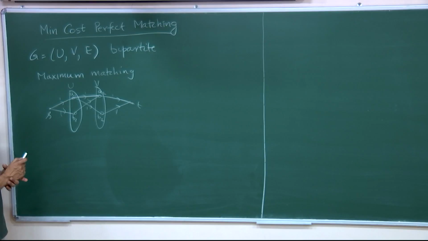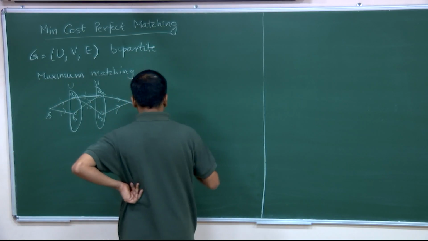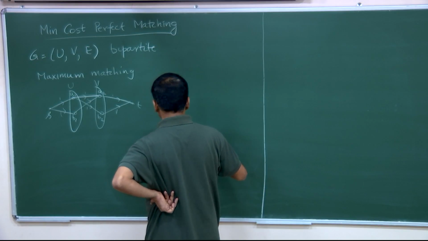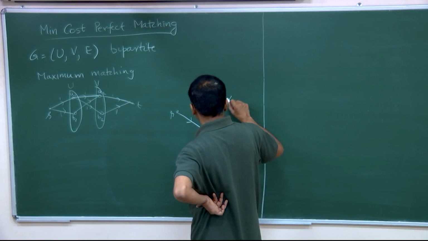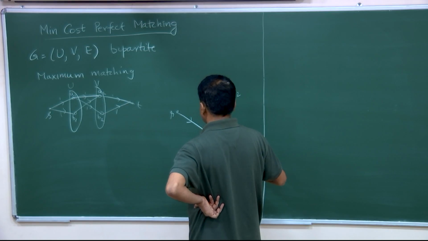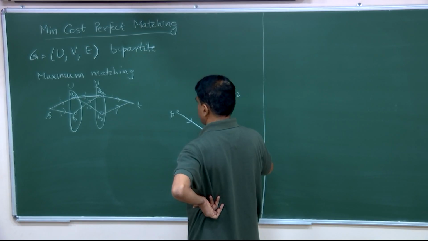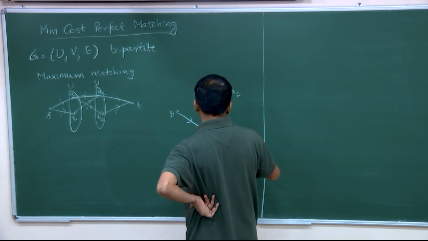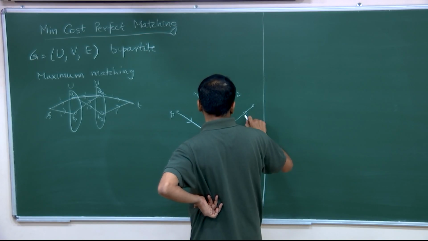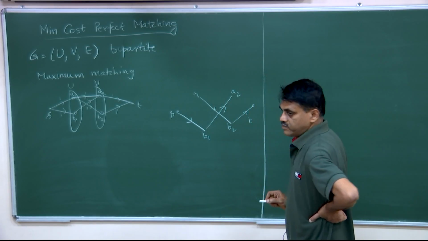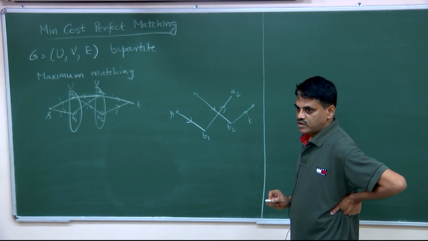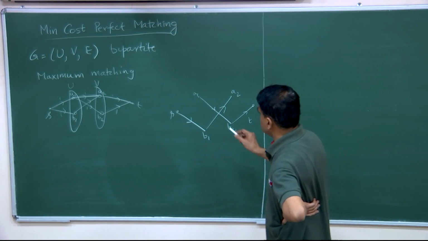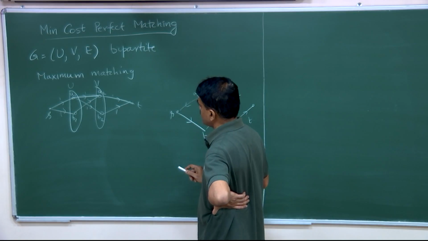Your residual graph will have S to B1, B1 to A2, A1 to B2, and B2 to T. Is that all? From A1 to S, and more importantly, from A2 to A1.